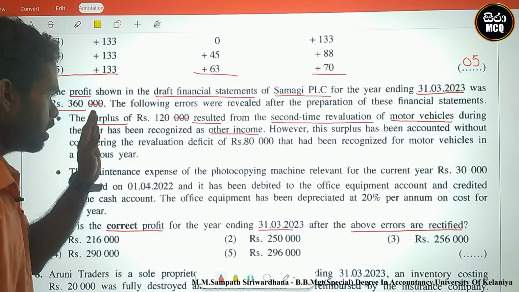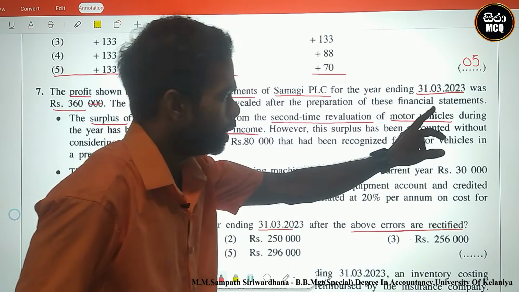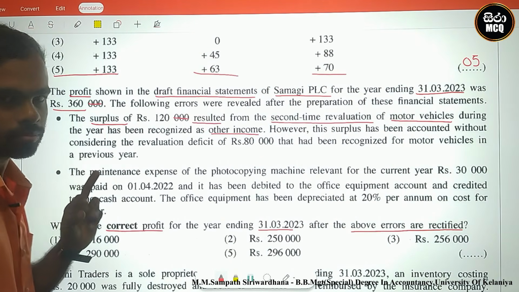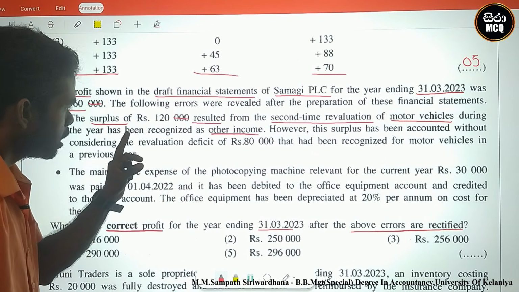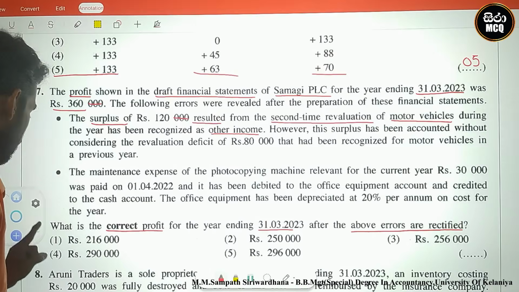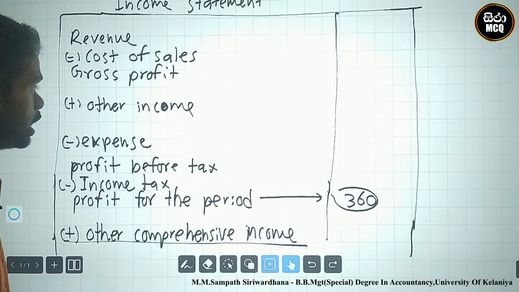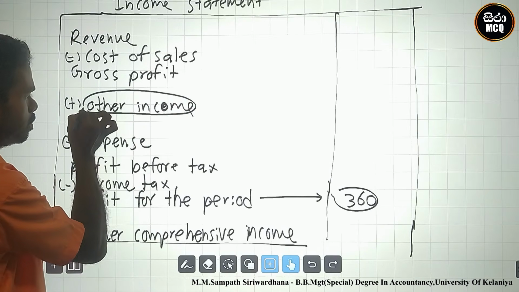Okay, the revaluation surplus was identified during the year. This 120 was recognized in which area? The other income area.